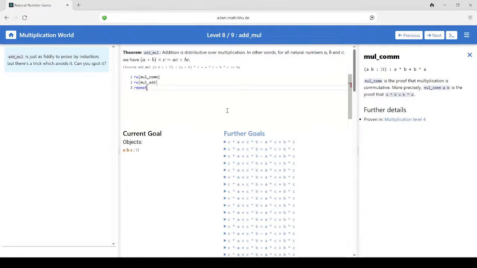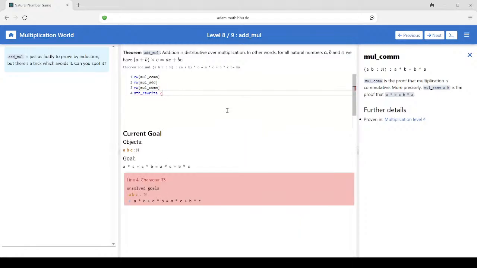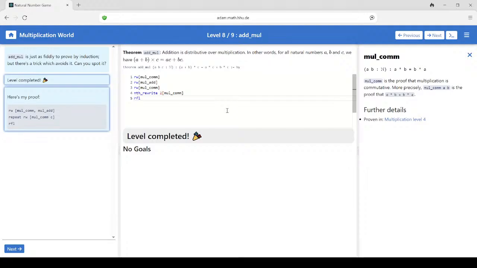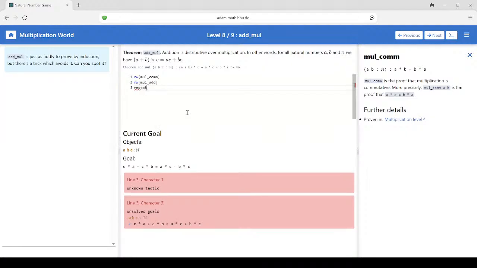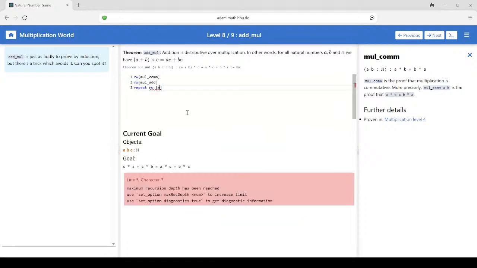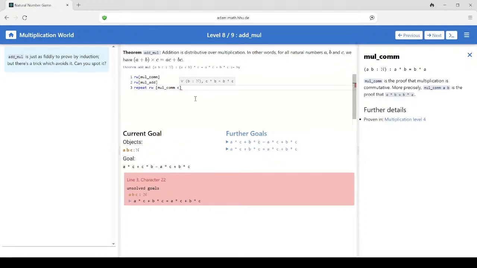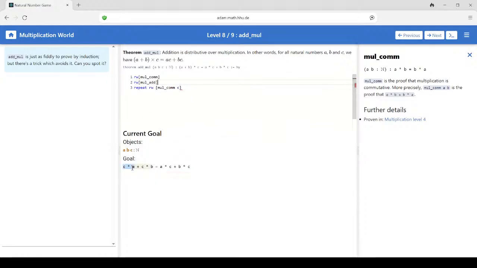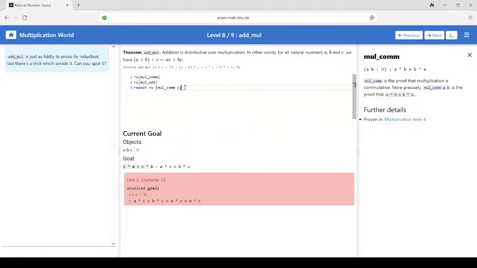Hang on, I forgot what it said. Repeat rewrite multiply commutative C. So what did that do? It changed the C and the A around.